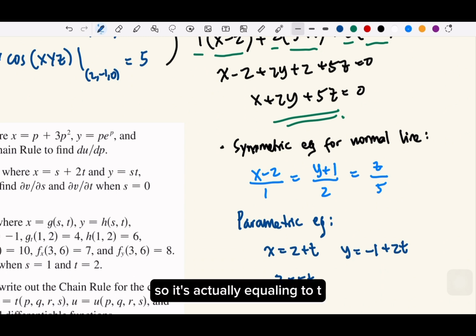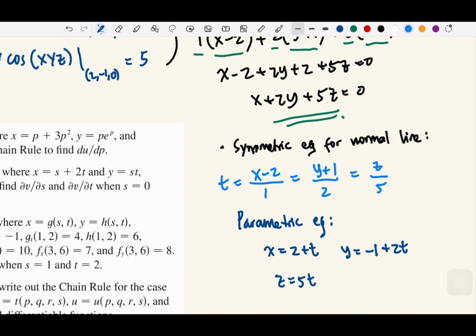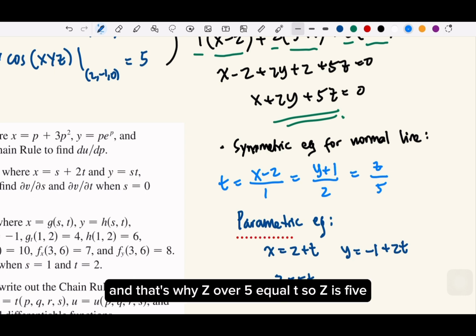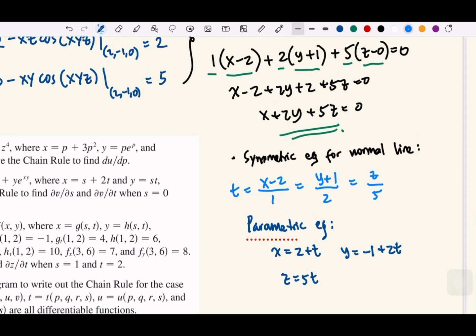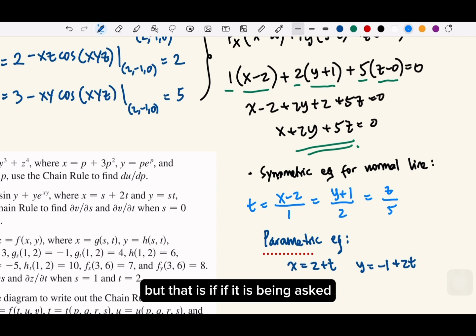And z over 5 equals t, so z is 5t. But that is only if it is asked. If the question asks only for the tangent plane, then I think this one is the answer.